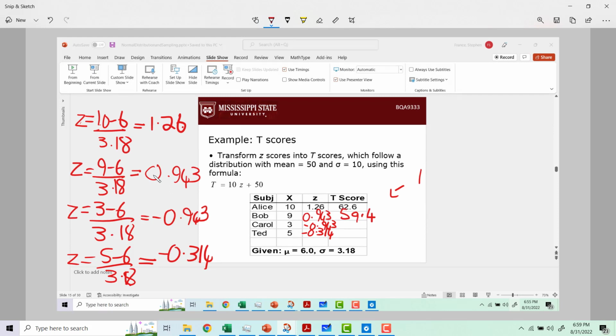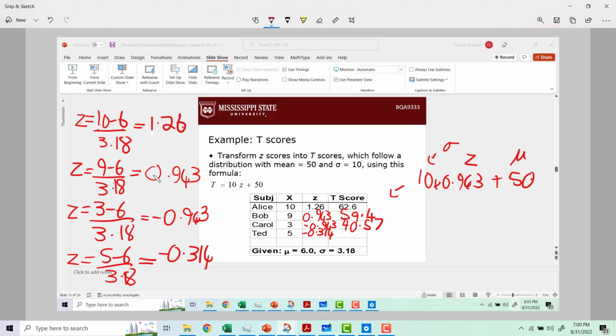That's 10 times 0.943 plus 50, which is sigma z plus mu. So this is the calculation we did before to do the inverse. And then Carol, minus 9.43 plus 50, is going to be 40.57.